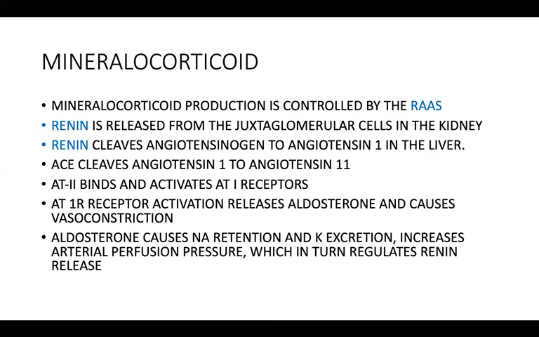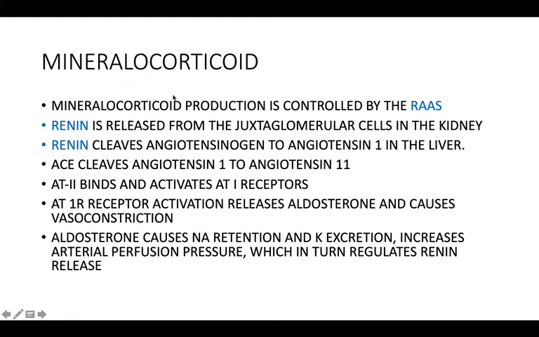Right? So we don't have to confuse things here. This one is for the type 1 receptors, and this is activated by angiotensin 2. And angiotensin 2 comes from angiotensin 1 by the action of angiotensin converting enzyme in the lungs. And this angiotensin 1 comes from angiotensinogen by the action of renin in the liver.